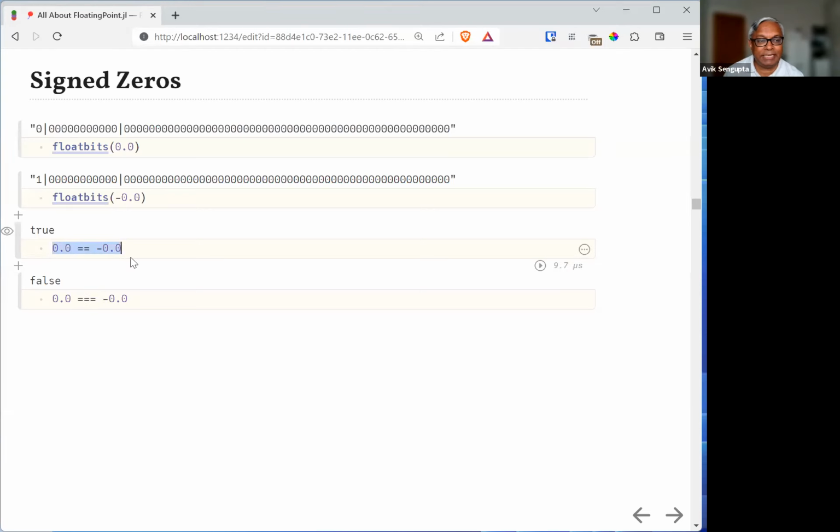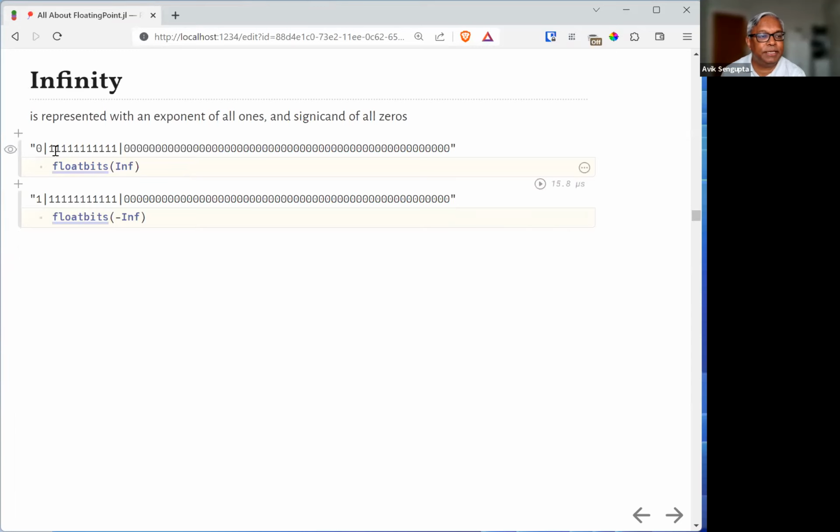The mathematical values of plus 0 and minus 0 are the same, so double equals gives you true, but triple equals gives you false. As you can see, the reason triple equals gives you false is that in the bits, there is one bit which is different, and so you can differentiate between plus 0 and minus 0.